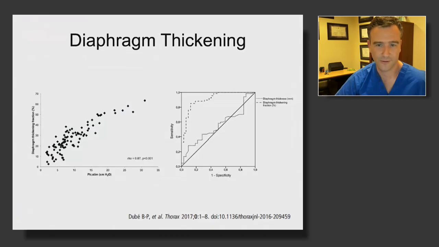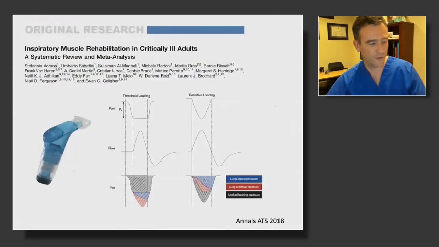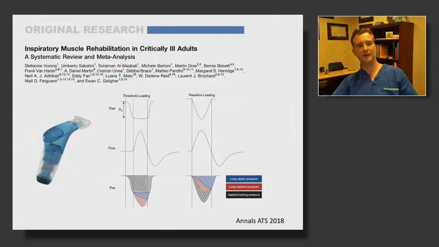So this is an easy to use tool at the bedside to assess for the possibility of respiratory or diaphragm muscle weakness as a cause of difficult weaning from ventilation. So what can you do about it if a patient has difficult weaning? Well, I won't get into details here, but just to let you know about this, and you can look more into the literature on your own.